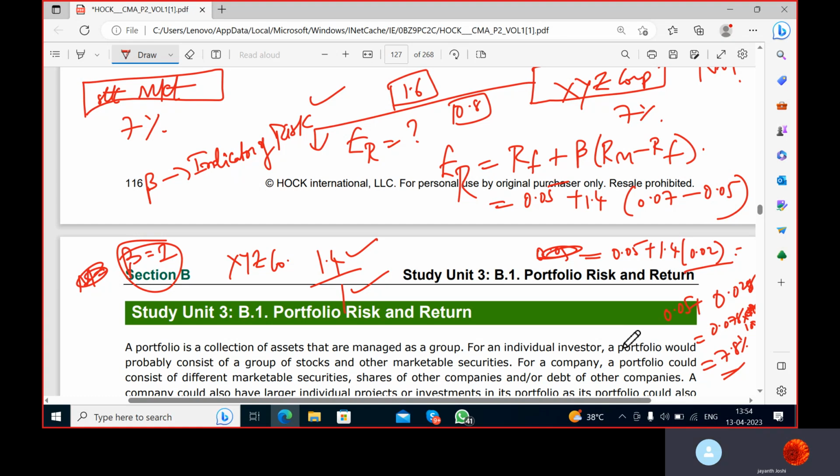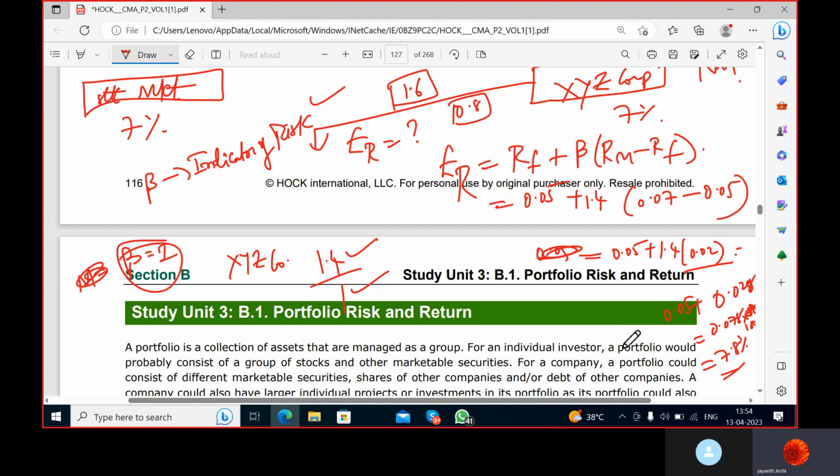And 0.8 is the 0 point. this 0.8 is what? 0 point beta. That's a beta. Both are beta.